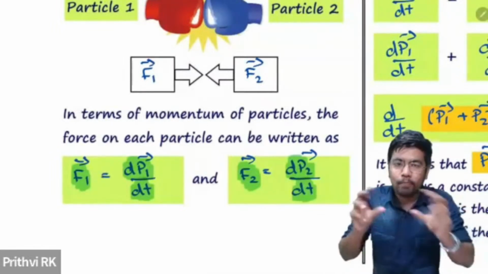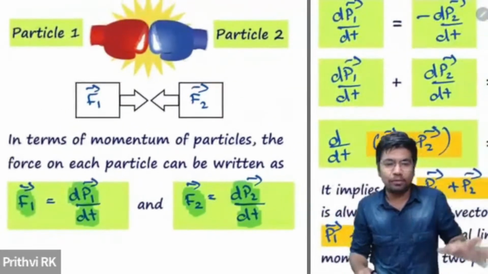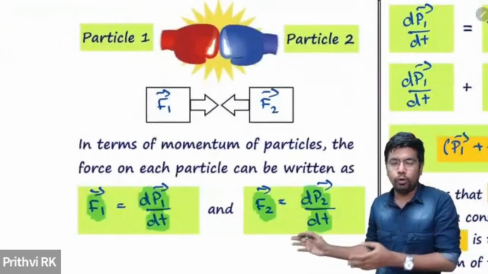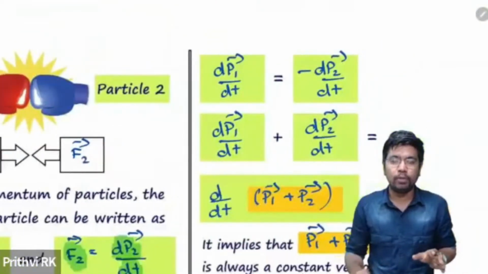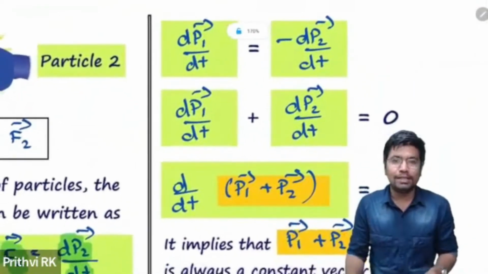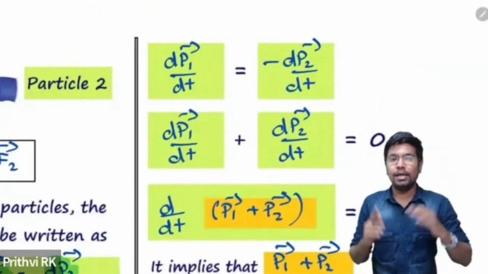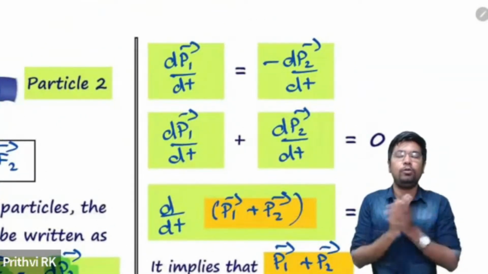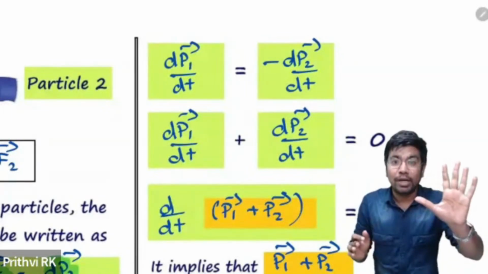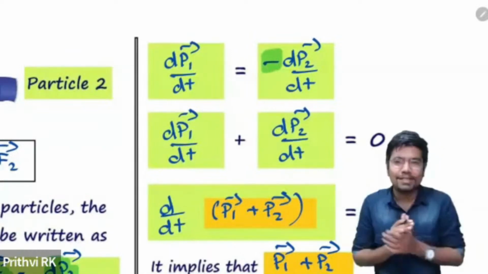So I will break it down even more simply for you. We have calculated the two force formulas here, F1 and F2. So we are going to say that they are equal to each other: dp1 vector divided by dt should be equal to dp2 vector divided by dt. Sir, but wait, you have put a minus sign here.